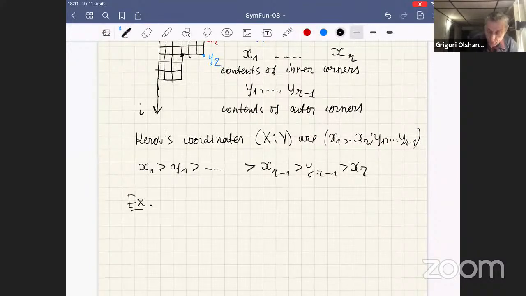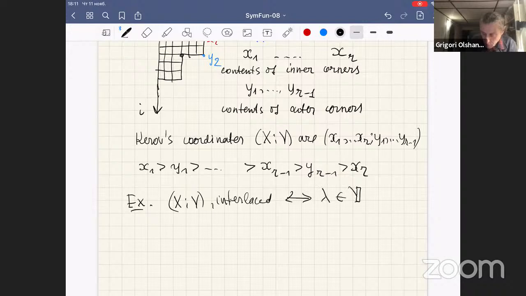These are integers, which may be positive, negative, or zeros. So interlaced x's and y's correspond to a Young diagram if and only if the sum of the x's equals the sum of the y's.